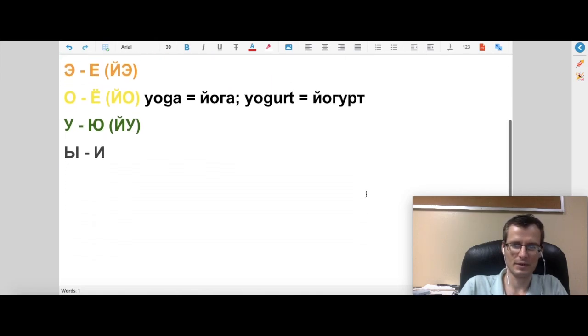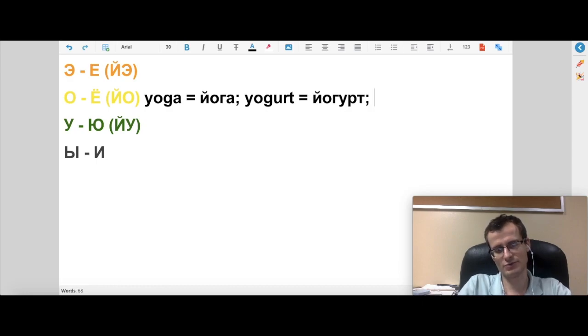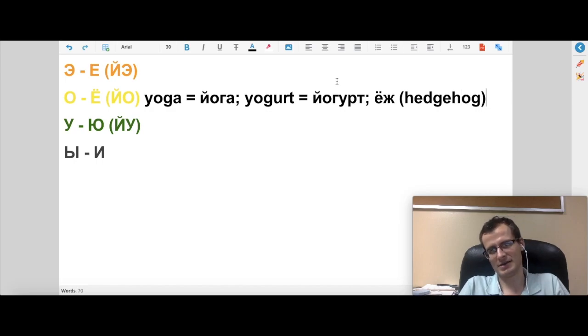So for example, to give you an example of an authentic Russian word, which is yozh, which means hedgehog. Yes, yozh is definitely spelled as just yozh. We're not spelling yo as 2 letters. Okay.